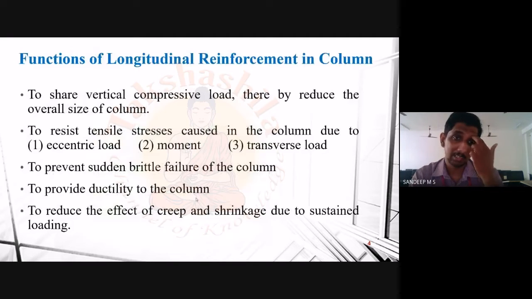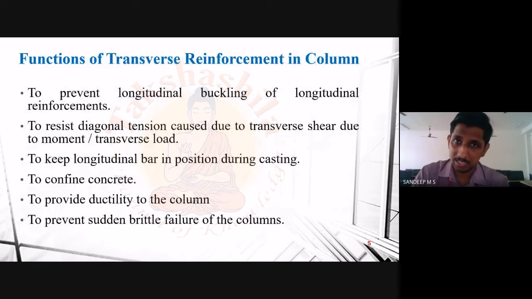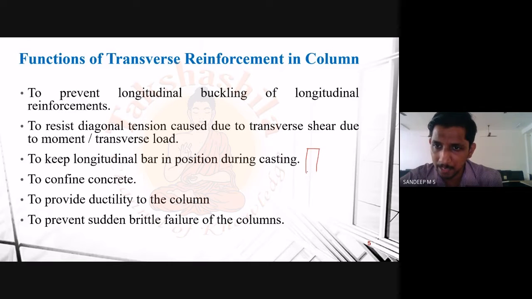Okay, so right now what we are focusing on is the function of transverse reinforcement in columns, in other words the function of ties inside the column. So let's see the different functions of these things. To prevent longitudinal buckling of longitudinal reinforcement. When we have a column like this and we apply this load, there will be a lot of reinforcement here. These reinforcement bars will have a tendency to get buckled like this.